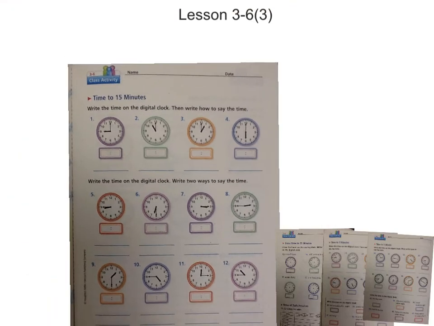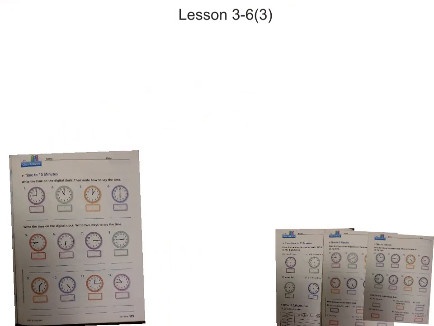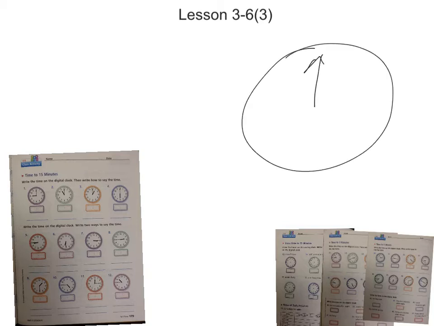So, to get a better understanding of time, you all should know this, just in case you don't. When there's two hands on a clock, the small hand always points to the hour, and the larger, or longer hand points to the minute.